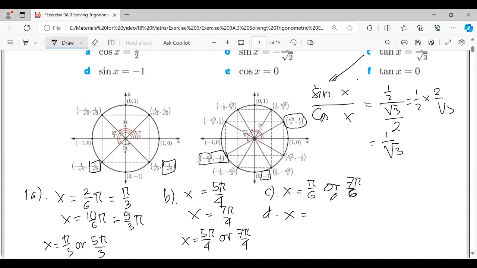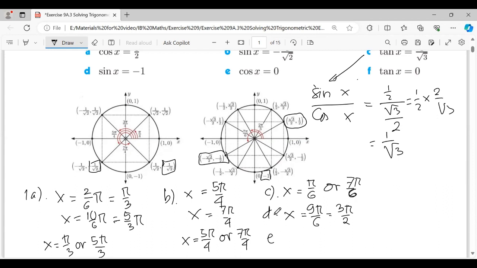So it means x equals 9 over 6 pi. 9 pi over 6 simplifies to 3 pi over 2.